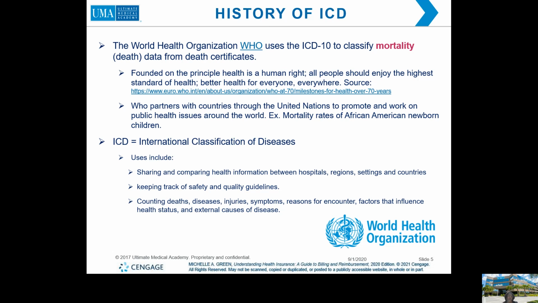And so they have all these different statistics that they can use, and they try to figure out what is going on by using these statistics. And for example, they also use them for public health issues. One thing we know is that the mortality rate, the death rate of African American newborns is still too high in the United States, especially for a developed country, as we call it. So they work with different organizations to see what they can do to bring that down.